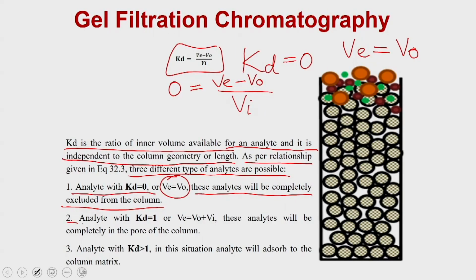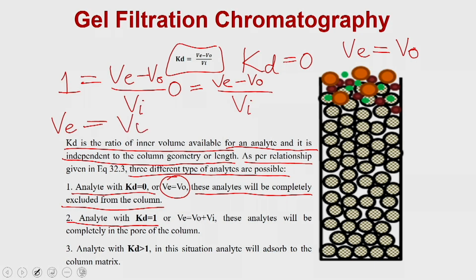Now, imagine that you have an analyte with Kd equal to 1. If Kd is 1, then (VE minus Vo) divided by Vi is 1, so VE is equivalent to Vo plus Vi, which means these analytes will be completely in the pores of the beads.